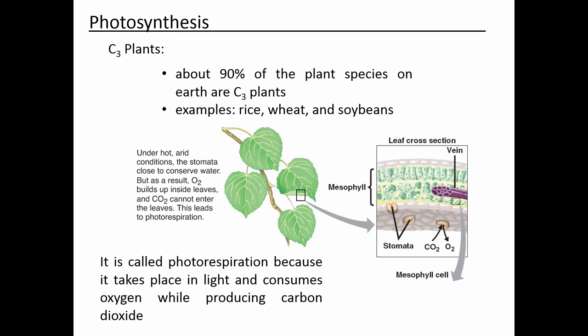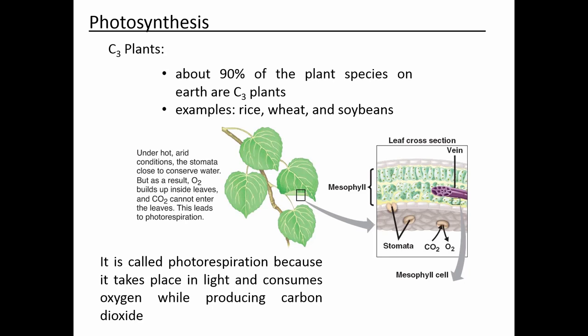If rubisco binds oxygen instead of carbon dioxide, it simply takes oxygen and attaches that to ribulose bisphosphate, but in that step you're not going to be incorporating any new carbon into the plant, because oxygen obviously doesn't contain any carbon.